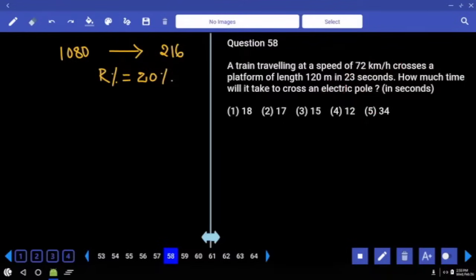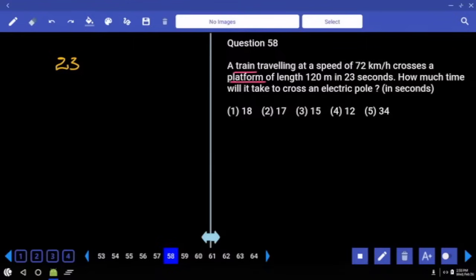A train traveling at a speed of 72 km per hour crosses a platform of length 120 meters in 23 seconds. How much time will it take to cross an electric pole? Right. First case, how much time is it taking? 23 seconds. So in that, train is trying to cross a platform.